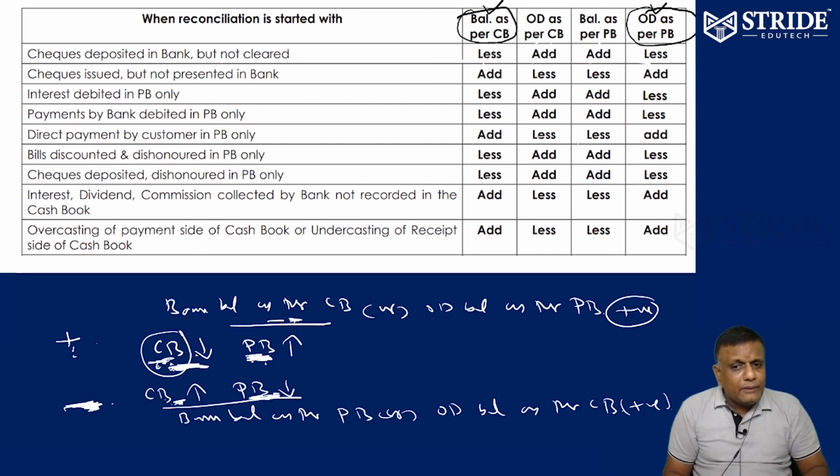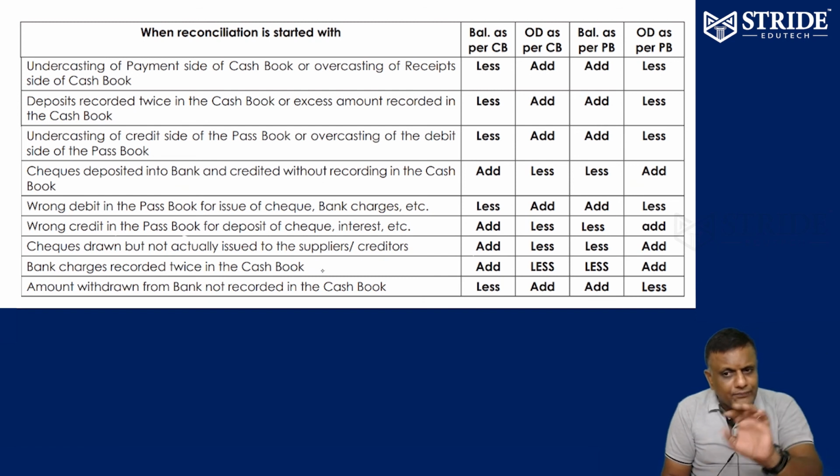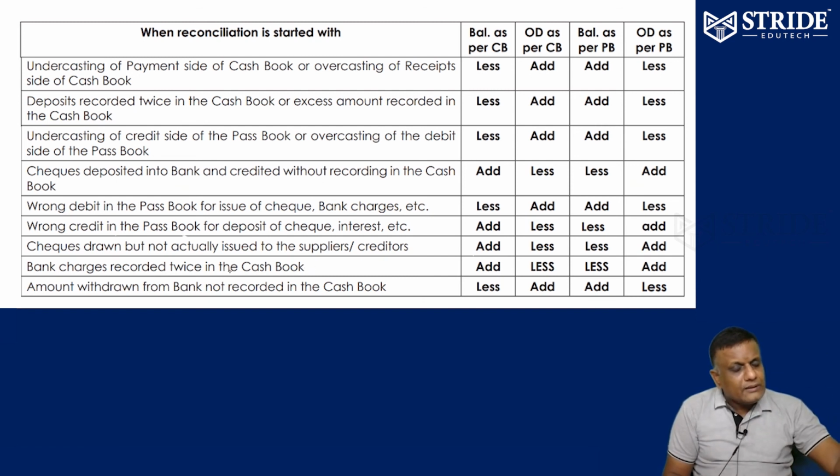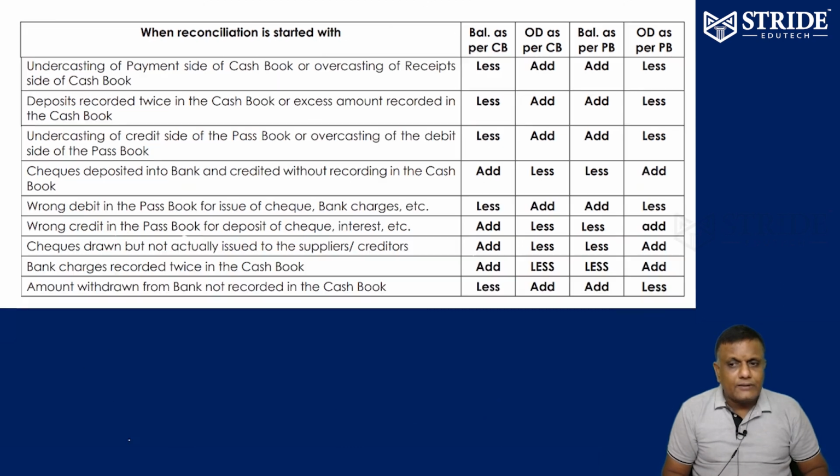But one more time you entered it in the cash book, so one more time your cash book is down. Therefore, add. One time bank charges in the passbook is okay, but one more time you entered in the cash book. Therefore, add.